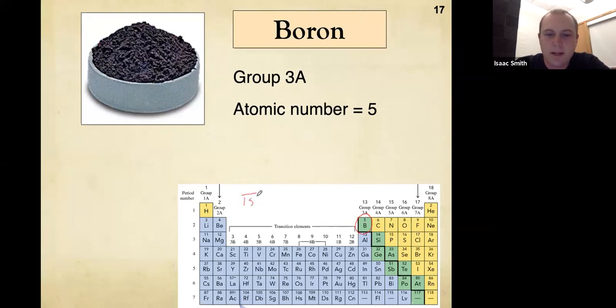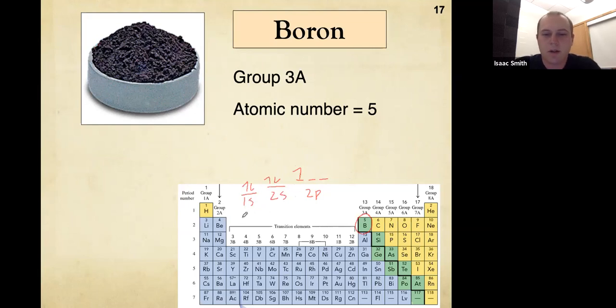So we have 1s, we have 2s as we go through lithium and beryllium, and then we move into the 2p section of the periodic table, okay? Once we have that drawn out, we look to the number of electrons. The atomic number is 5, so we have 5 electrons. And that would be the electron configuration diagram for boron.